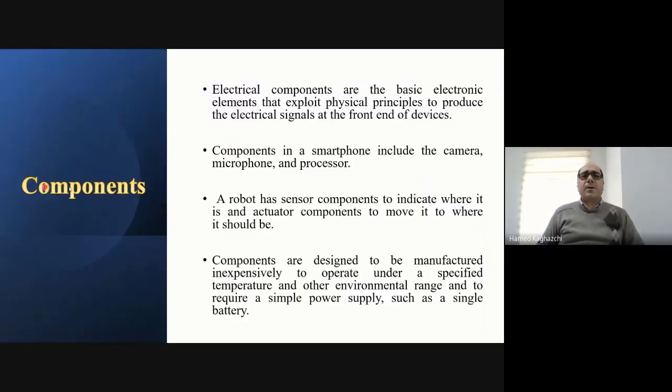Again, if we talk about components, you see that, for example, in a smartphone, the cameras, microphone, and processor are components. In a robot, a sensor is a kind of component.